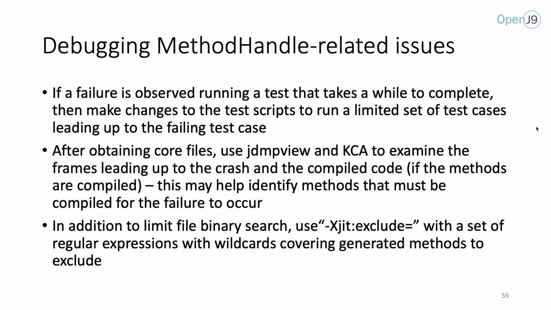In this case, an XJIT exclude option is very useful, where we can have regular expressions with wildcards that represent the lambda form methods we're trying to eliminate. And you'll have a lot more success with that than just using limit file binary search.